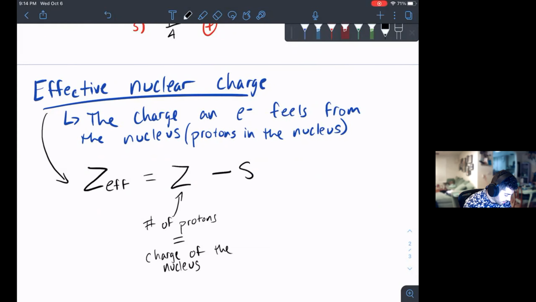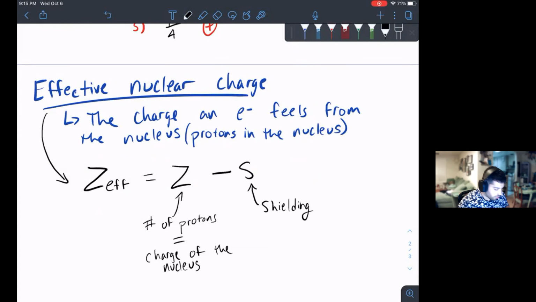Now, S is kind of the weirder part of this. S is the shielding. And the thing with shielding is it's not so much electrons blocking the nuclear charge, that positive charge, but the fact that while the electrons on the outside feel that strong force to go in, the electrons between the outer electrons are also saying, get out of here, because they're negatively charged.